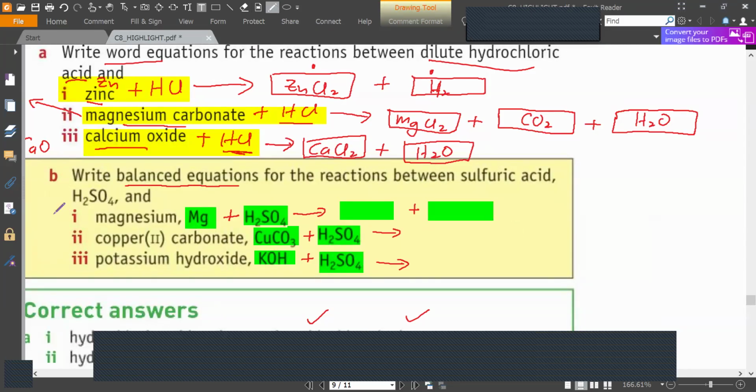For question one, what are the products? Try to get the products and also how many moles.